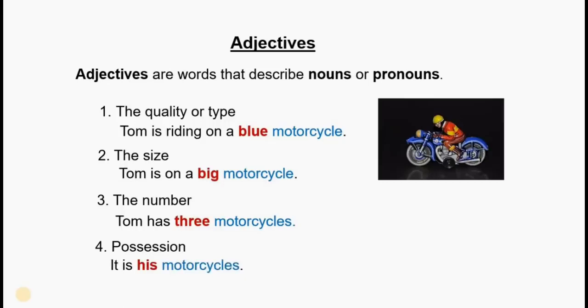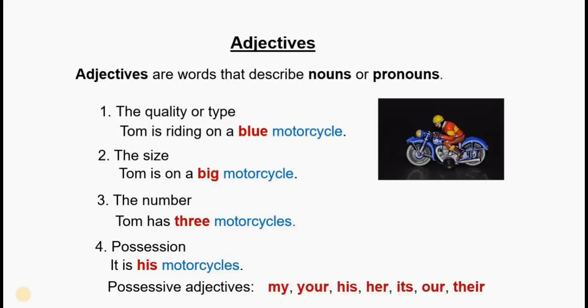So this is telling us that the motorcycle belongs to Tom. And the possessive adjectives are my, your, his, her, its, our, their. And again, there are lots of other different types of adjectives. These are just a few examples. Alright? These are just the main few examples.